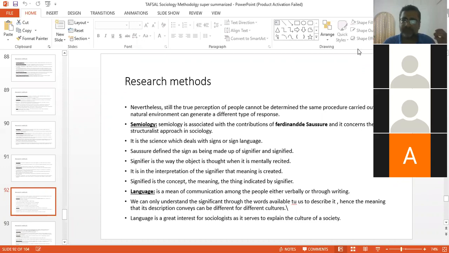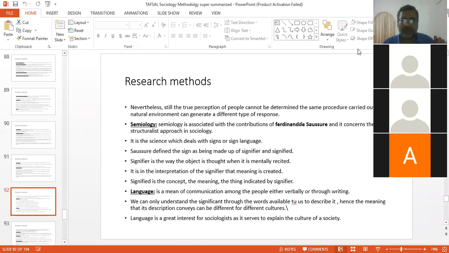So that is the signifier. And the meaning is created through the signifier. The meaning of the phenomenon is created through the signifier, where signified is the concept. The thing indicated by the signifier is the signified.